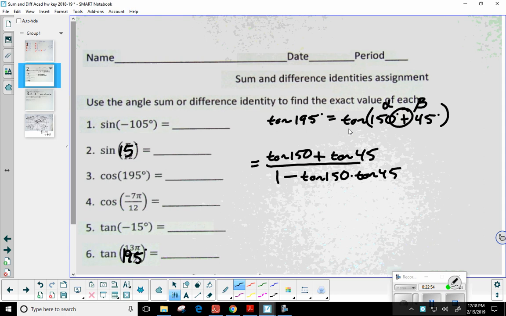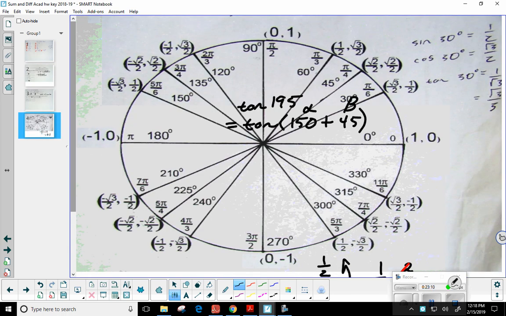Okay. So really, I only need two things in order to continue the problem. I need to know the ratio that equals tangent of 150, and I need to know the ratio for tangent of 45. Okay. So let's go on over to the unit circle. Let's do the 45 first. So here's 45. Here's tangent. Now that was an excellent choice because tangent is y divided by x. So what is the square root of 2 over 2 divided by the square root of 2 over 2? 1.